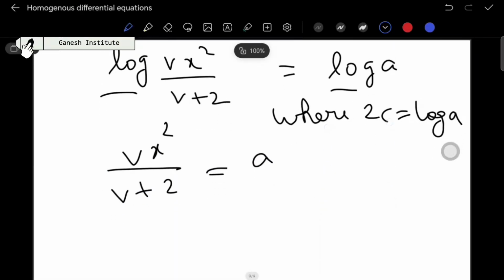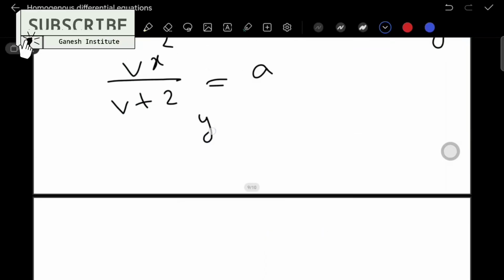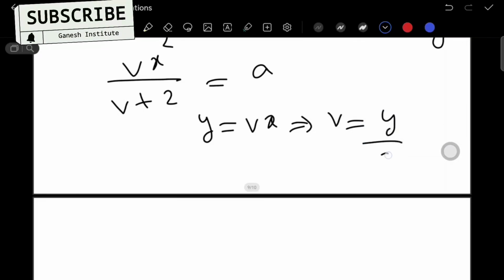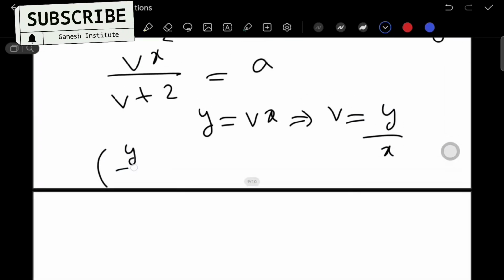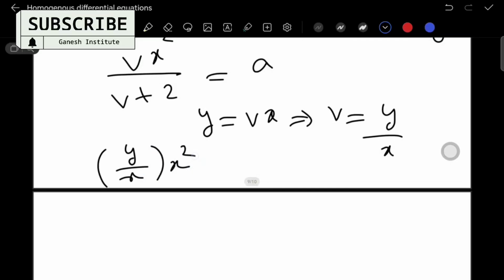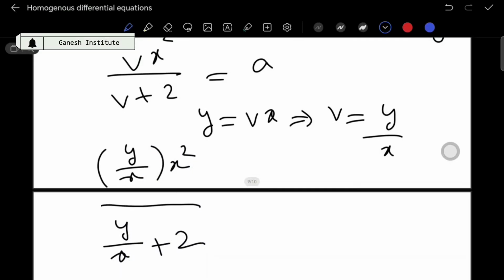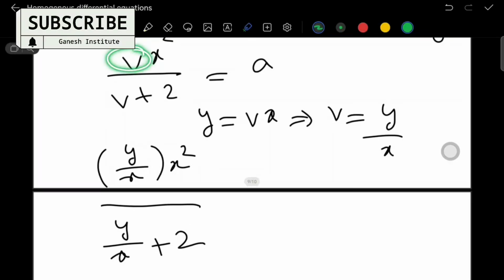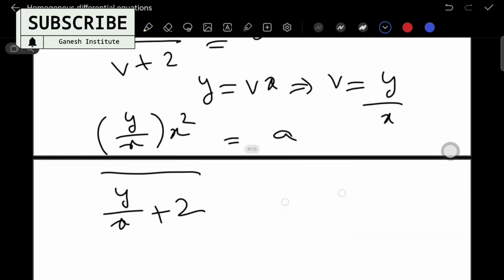And what's the value of v? We had assumed that y is equals to vx. So v is what? y by x. So if I put back this value, y by x plus 2. Yeah, I have placed here y by x is equals to a.